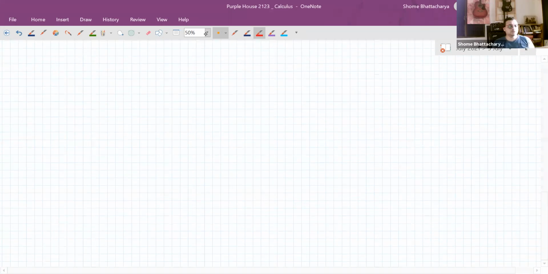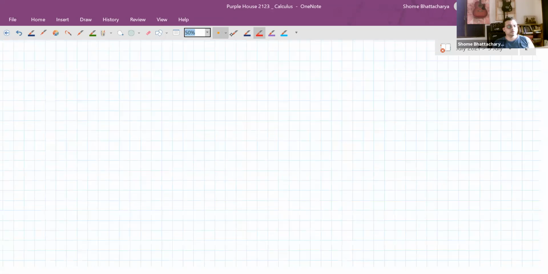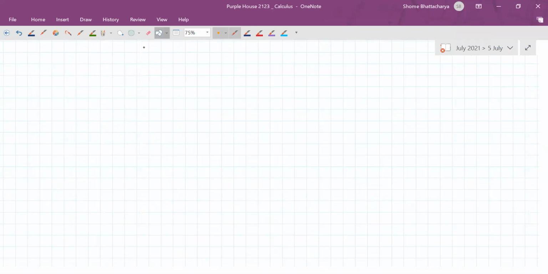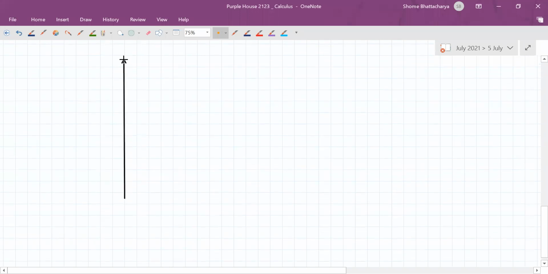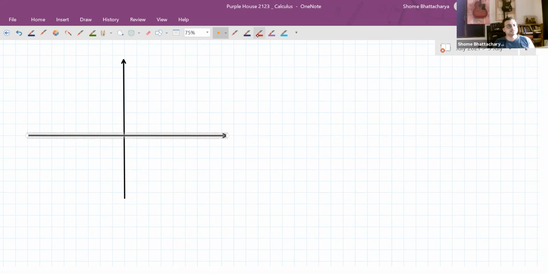Okay, now let's come to the third and fourth quadrant. So theta is in the third quadrant. That means the angle by which this is rotated with respect to the x-axis will become something greater than 180 but less than 270.